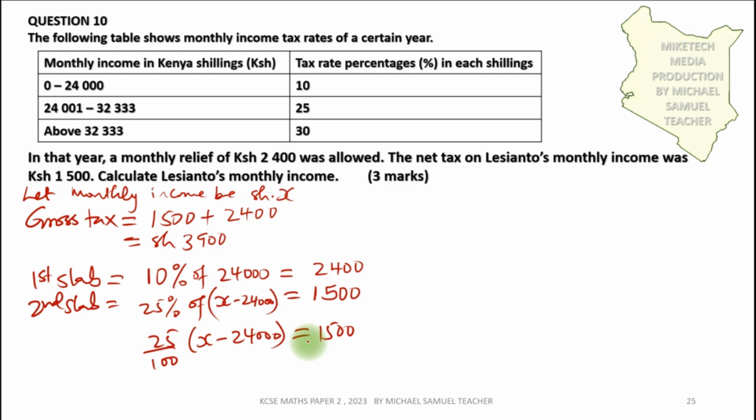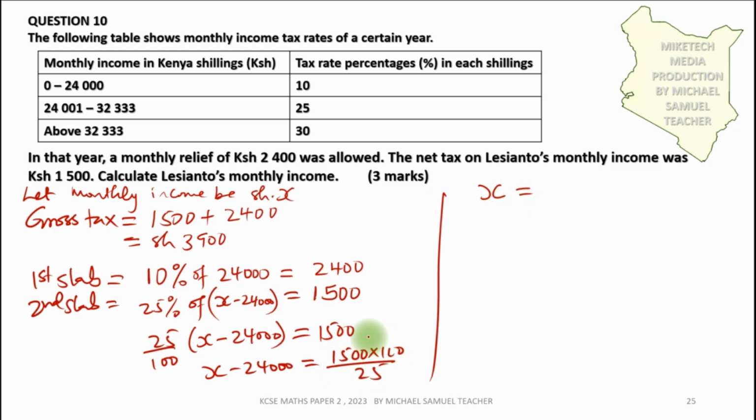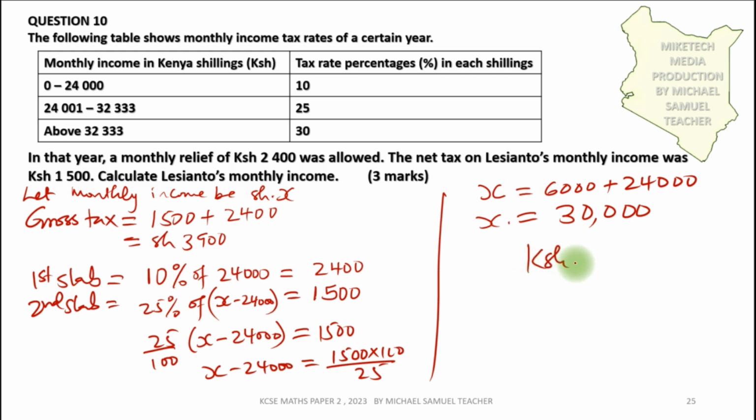Therefore X minus 24,000 will be equal to 1,500 times 100 divided by 25. So this value is 6,000, so X will be 6,000 plus 24,000, which is 30,000. So X is 30,000. So the monthly income for Lesianton is 30,000 shillings.